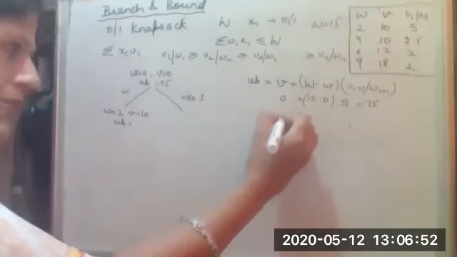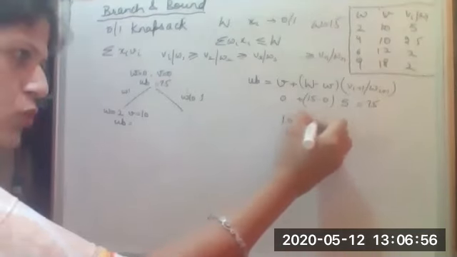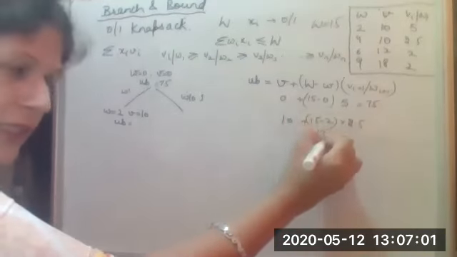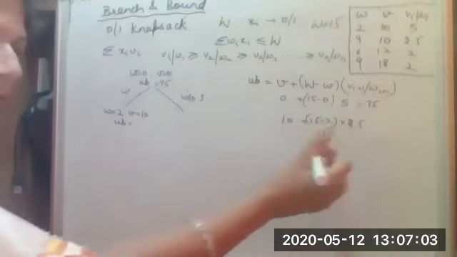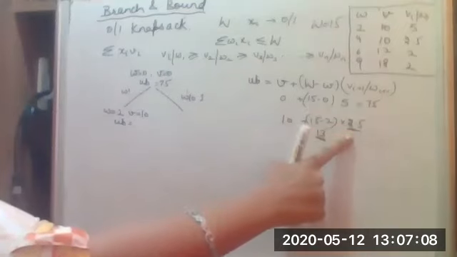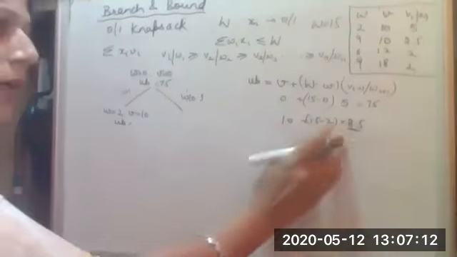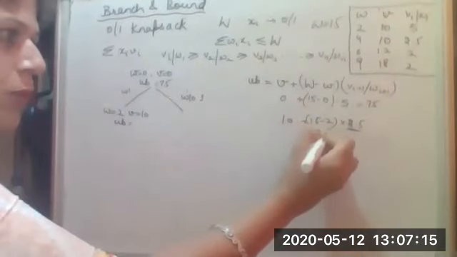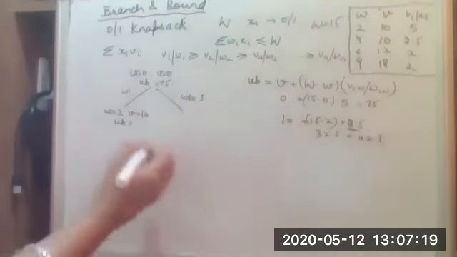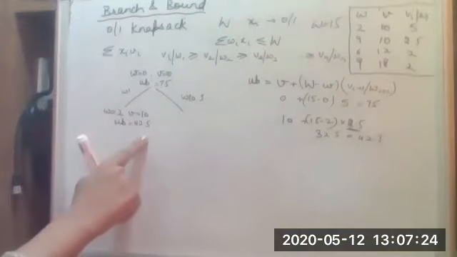So now in this case, V is 10 plus (15 minus 2) into 2.5. That means the remaining 13 capacity in the knapsack is all filled with the second element, which has the per unit weight as 2.5. So this value will become 10 plus 32.5, which is equal to 42.5. I hope this is clear. Yes, so if we are selecting this, we get 42.5.